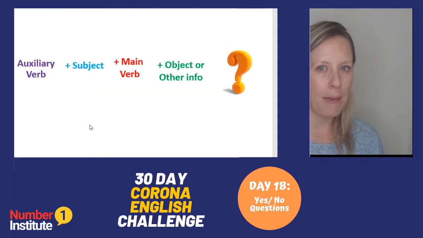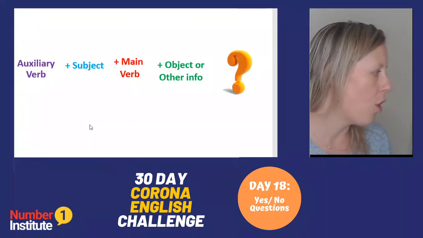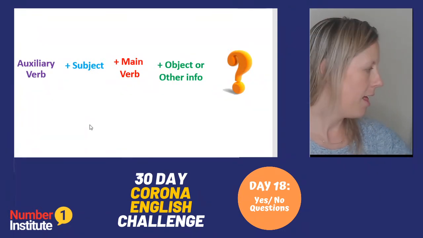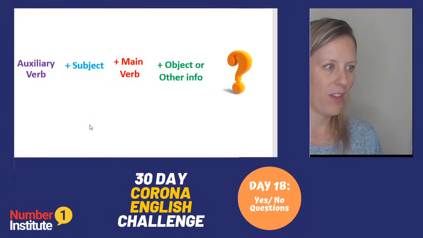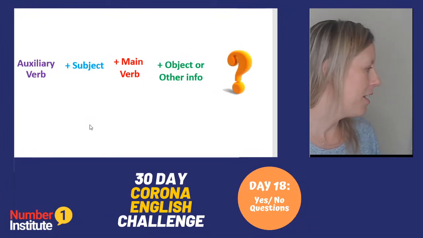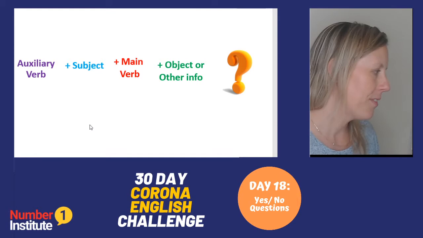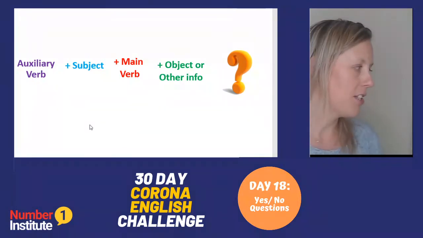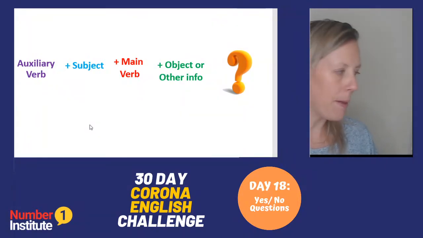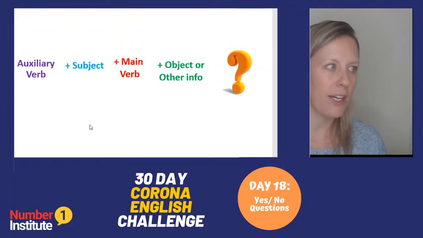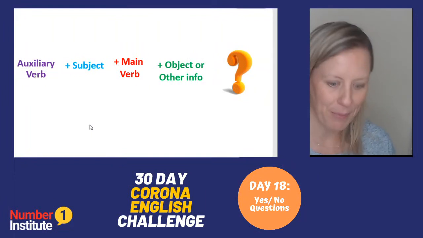So this is the basic structure of a yes/no question. First we have the auxiliary verb, then we have the subject, then we have the main verb, and then we have the object, or we'll say other information.